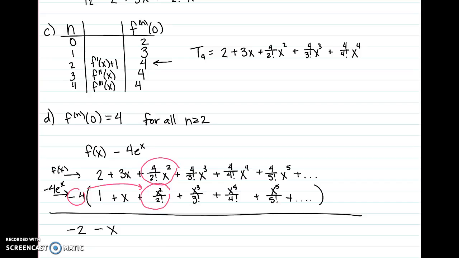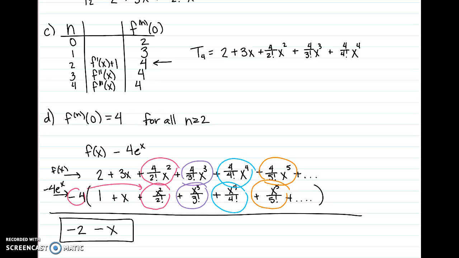Those go away. And then I got 4 over 3 factorial minus 4 over 3 factorial for my x cubed terms. 4 over 4 factorial x to the 4th minus 4 over 4 factorial x to the 4th goes away. 4 over 5 factorial x to the 5th minus 4 over 5 factorial x to the 5th. These are all going to go away. So this whole thing just ends up equaling negative 2 minus x.